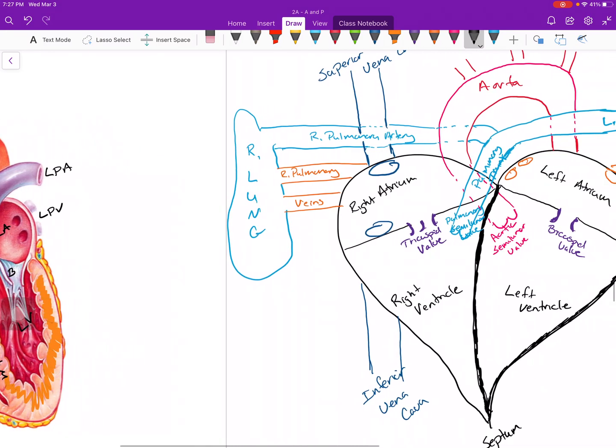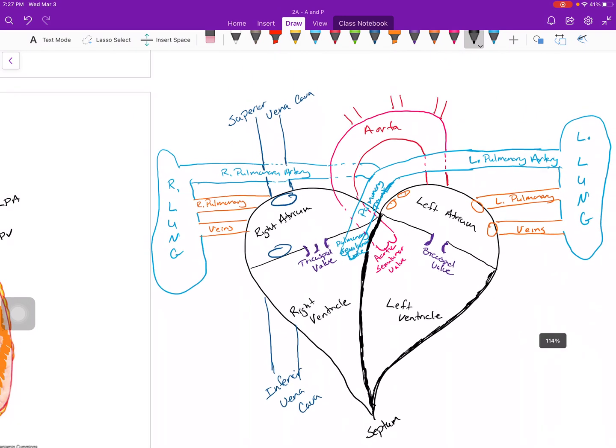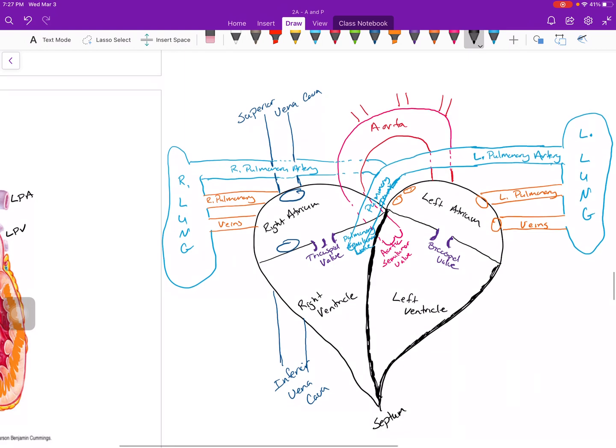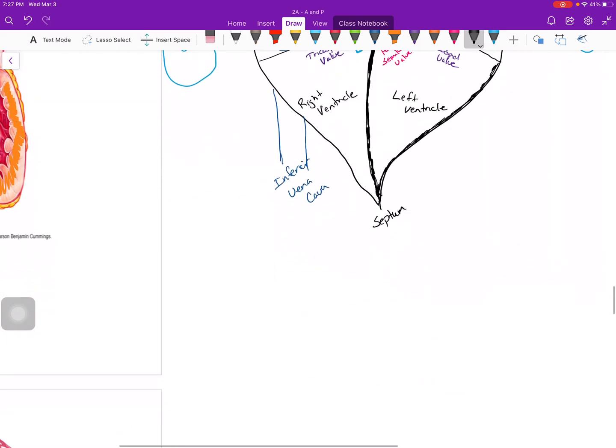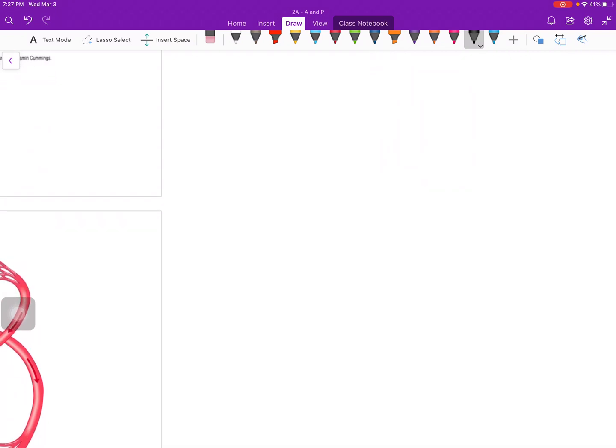All right, so let's talk a little bit then about blood flow. So we've got our drawing here. I'm going to go down here and we're going to talk about blood flow through the heart. All right, so we're going to start with what I call the starting point of blood going into the heart.